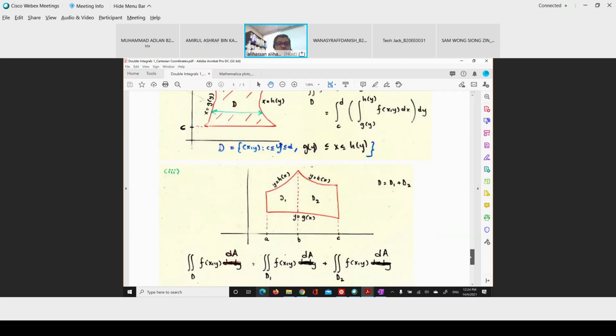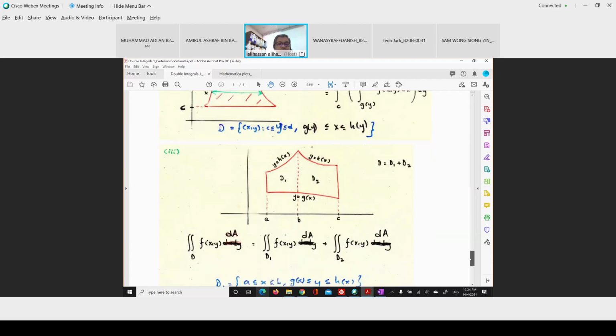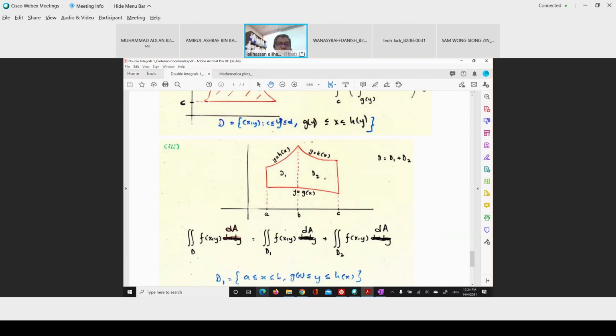In another situation, sometimes we have to split the integral. We have a domain D consisting of two parts, D1 and D2 here. Sometimes we have to evaluate the double integral as a sum of two integrals, one over D1, one over D2.